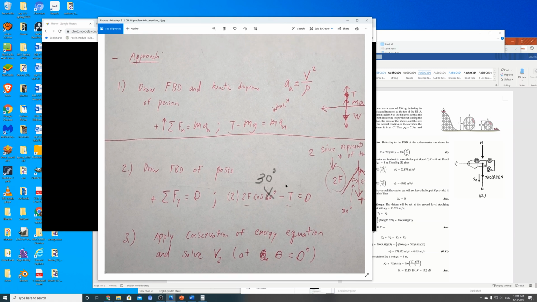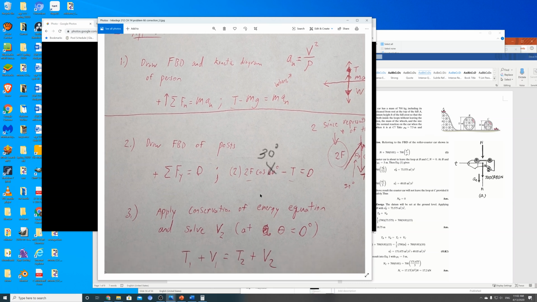All right, when we did the free body diagram of the posts, we have 2 unknowns. We don't know what F is, and we don't know what T is, okay? So what we need to do, of course, is have another equation to find velocity, right? And then we can use the velocity to find our tension in this equation. And then we can apply tension down here to find F, okay?